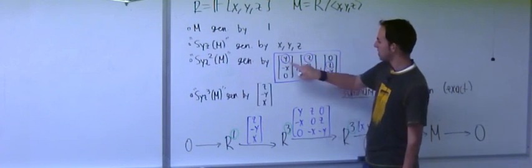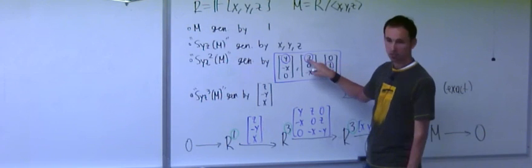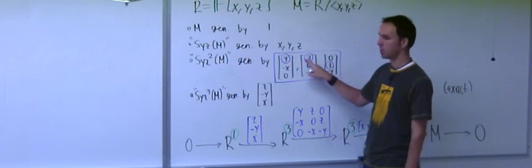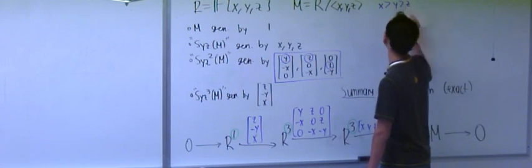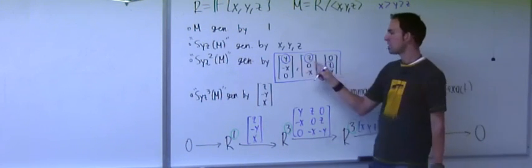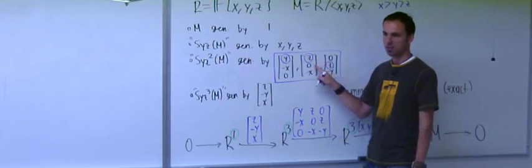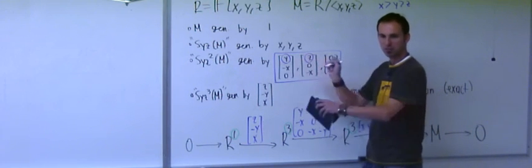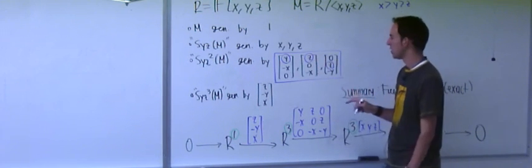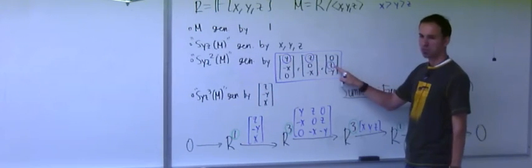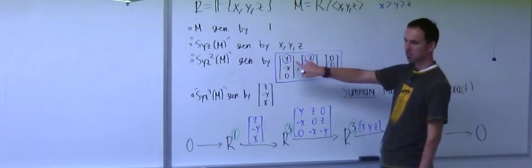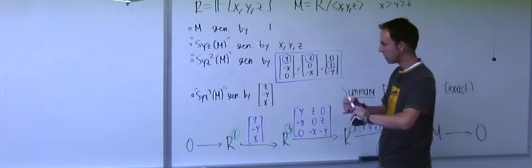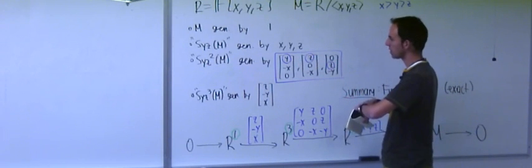And because this guy is y and this guy is z, and y is bigger than z in my order, I guess I had said that earlier, y is bigger than z, and so I should list this guy before I list this guy. It's just a matter of rearranging. You can definitely accomplish this. And because these guys are in different coordinates, you don't care. And these guys are in different coordinates, so you don't care. The only pair you worry about is this. You list it in the right order, which is what I did here.